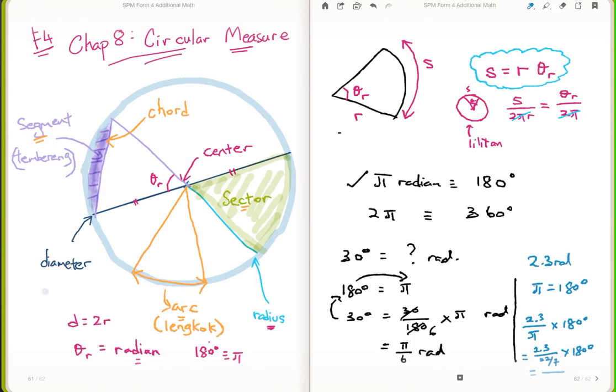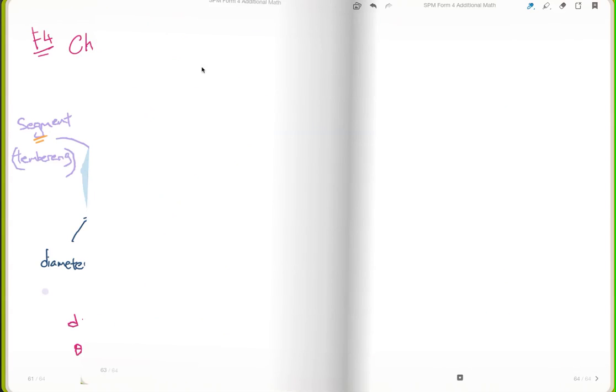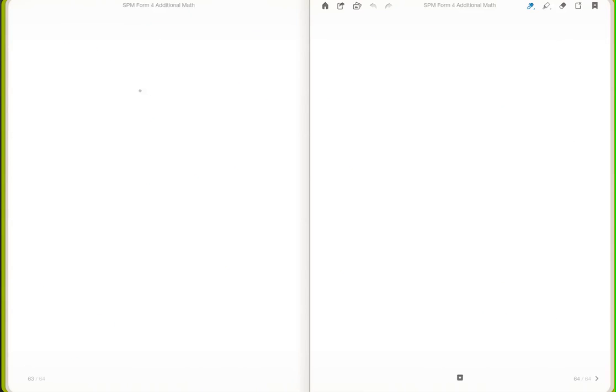Sometimes the question comes in angle, theta, and minute, where one minute, as in your analog clock, is basically equal to 60 seconds.